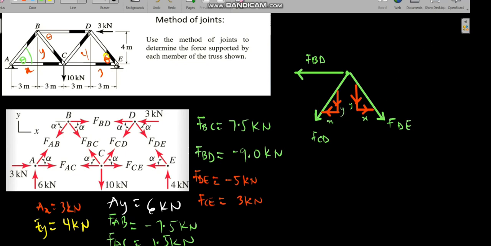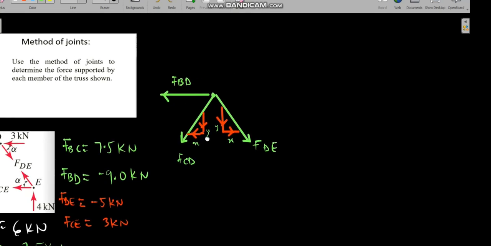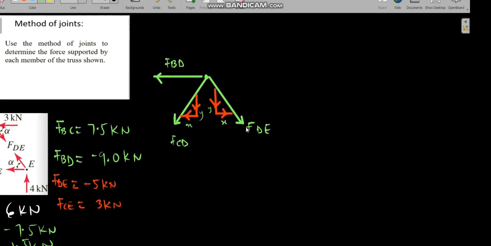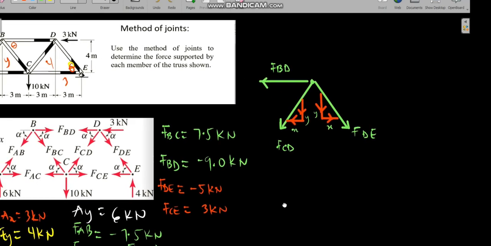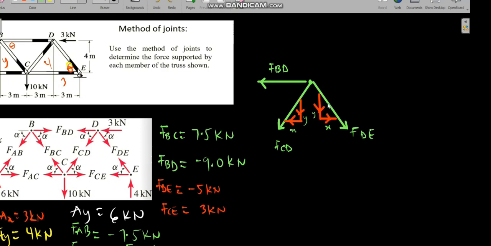From here I'm going to write the equations for the sum of the forces in the x direction and the sum of the forces in the y direction. Before then, let's write down the force components for FDE and FCD. Looking at FDE, it has both x and y components, and the angle it makes here is theta, which equals 53.1 degrees.